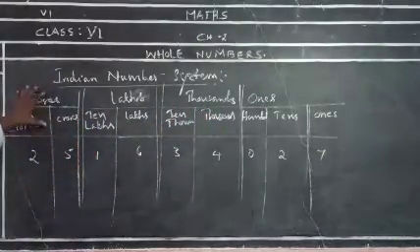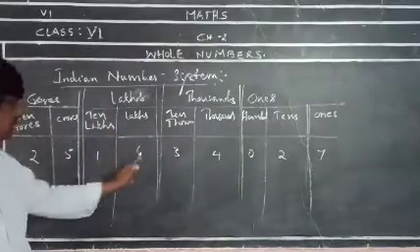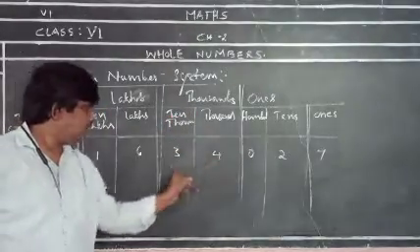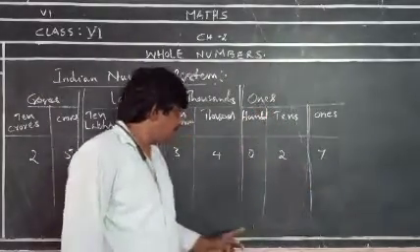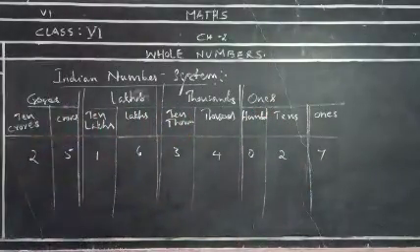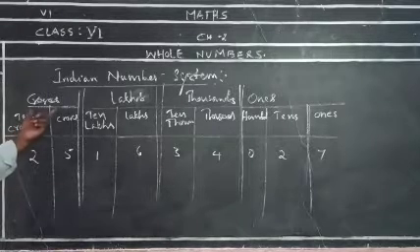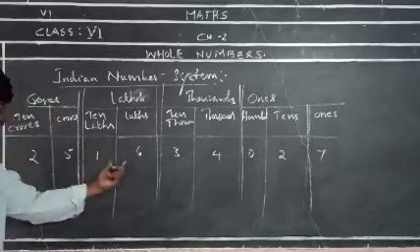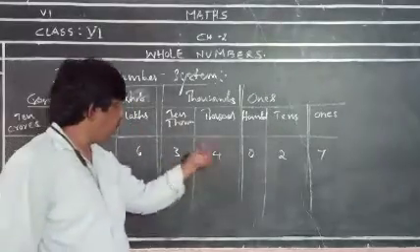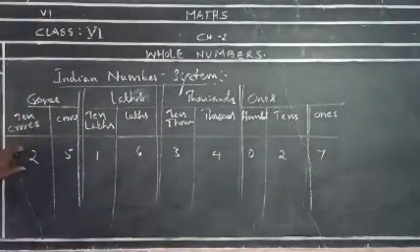The name is: in the crores you have 25, in the lakhs you have 16, in the thousands you have 34, in ones you have 027. So how can you read the number? How can you name the number? In the crores we have 25, therefore 25 crores 16 lakhs 34,027.